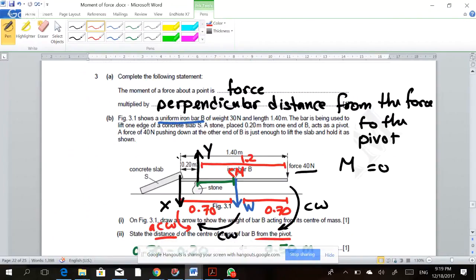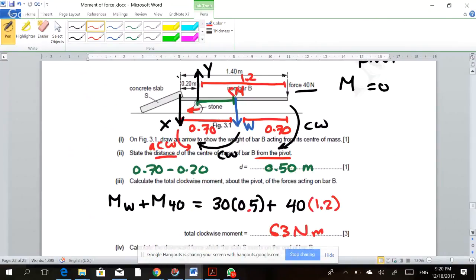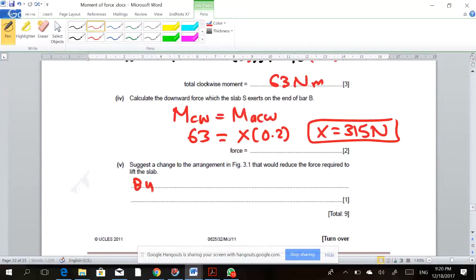We have to increase the distance between 40 and the pivot by moving the stone to the left. This will increase the distance between the force and the pivot, and so reduce the needed force to perform this moment.